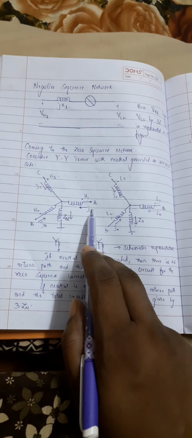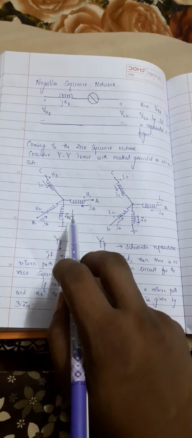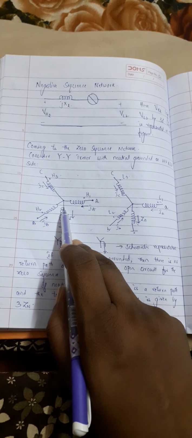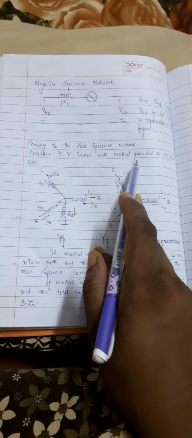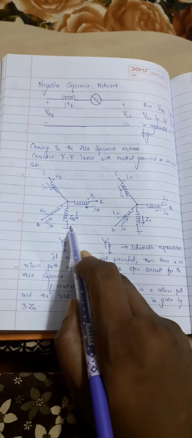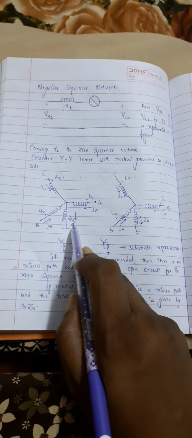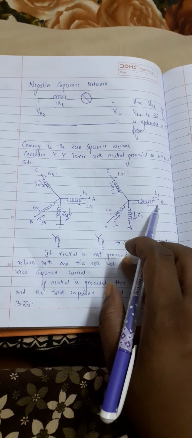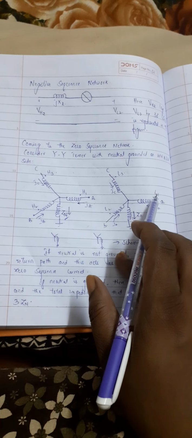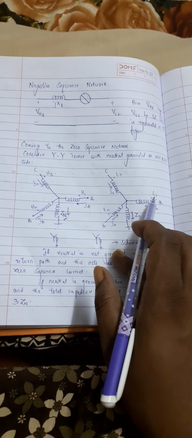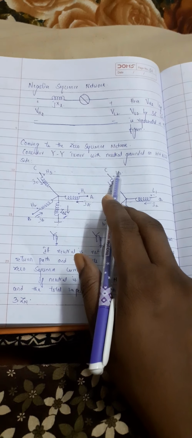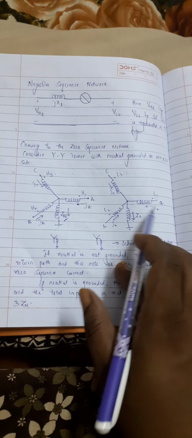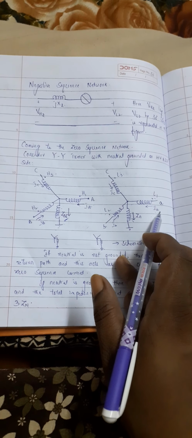Capital IA, IB and IC are the currents flowing through it. Since we have considered that the neutral is grounded, the neutral impedance is denoted by Zn, where N is capital. Similarly on the low voltage side, the same notation, but instead of H I have represented the windings as L1, L2 and L3 and the currents Ia, Ib, Ic in lower case.